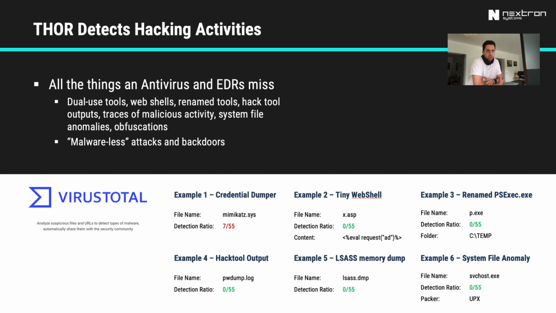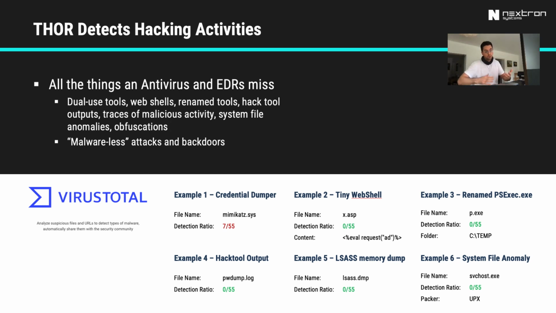And we focus all our research efforts on hack tools and APT group related activity. And not just on the malware or hack tools used, but also on the output of the hack tools. Traces that the usage of the hack tools leave on an end system.